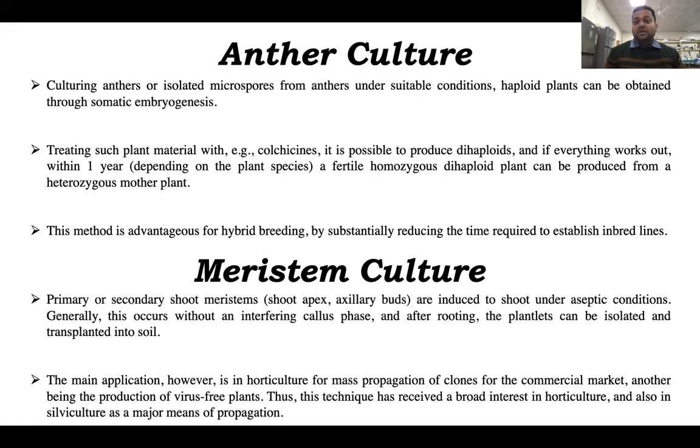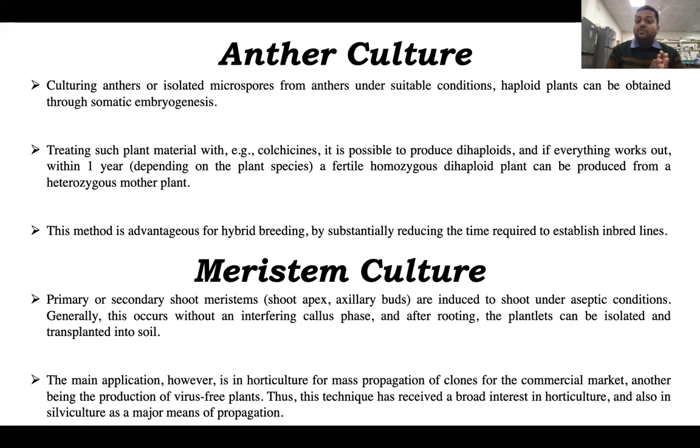Because they will be haploid in nature, if you treat them with colchicine, it is possible to produce dihaploids from those anthers. And if they survive and everything goes okay, then within a year a fertile homozygous dihaploid plant can be produced.